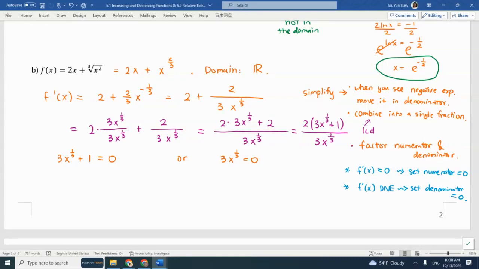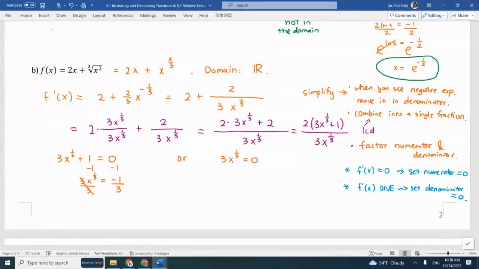We solve for x. How do we solve for x? Subtract the 1. So we get 3x to the 1/3 equals -1. Then what do we do? Divide by 3.